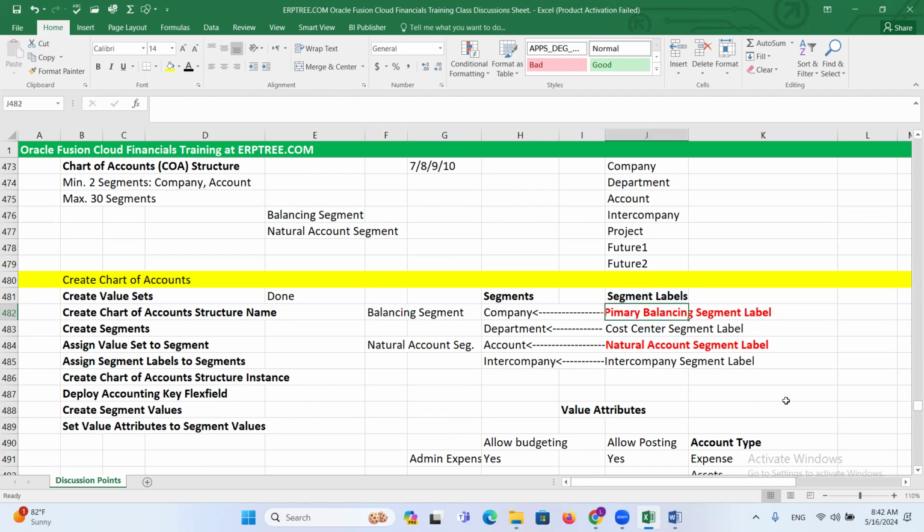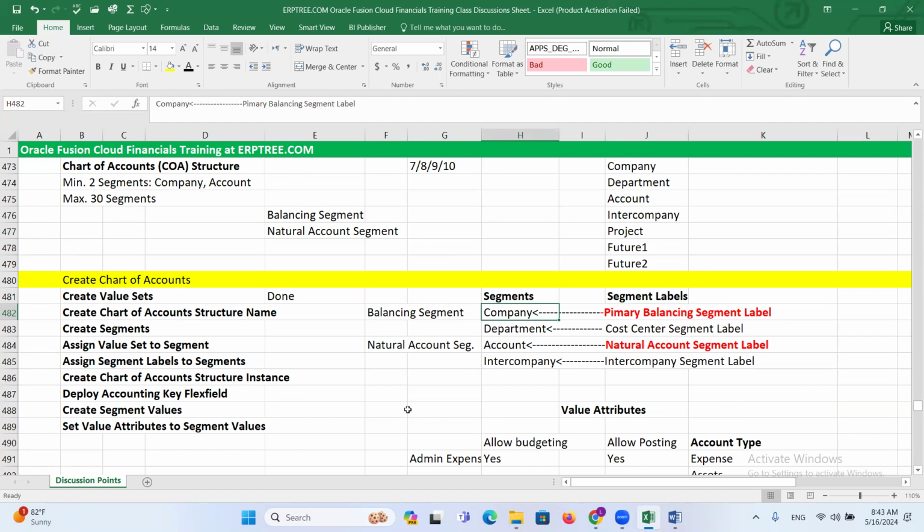We have a few other labels: the secondary balancing segment label and the third balancing segment label also. In total we have 3 balancing segment labels: primary, secondary, third. Since Oracle is providing them, but we don't recommend using all 3. We always recommend using only one.